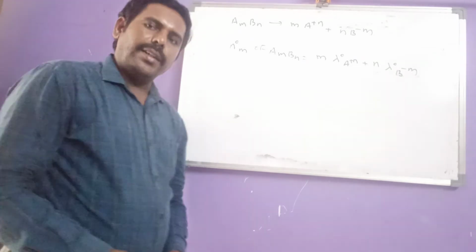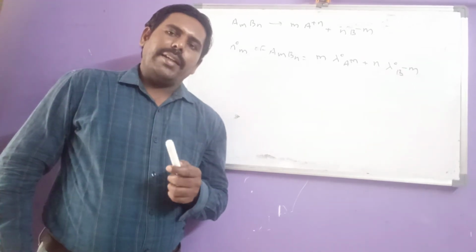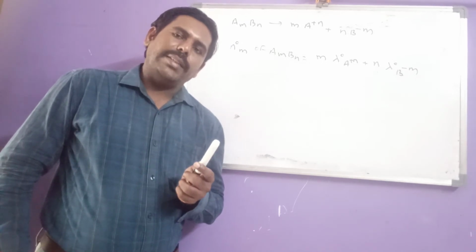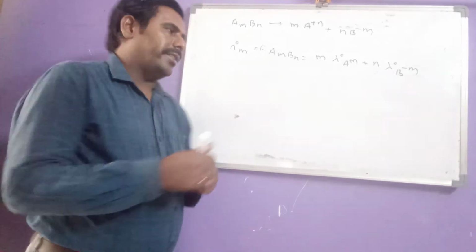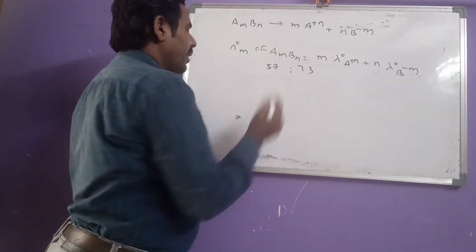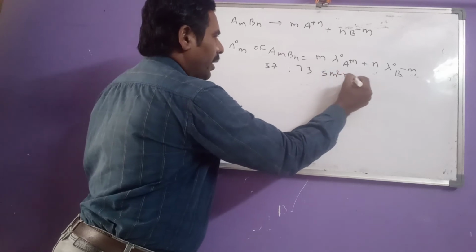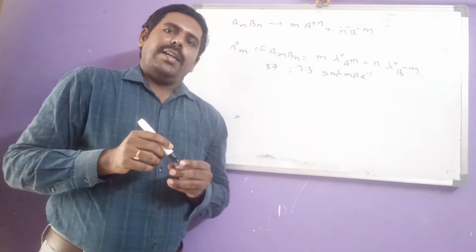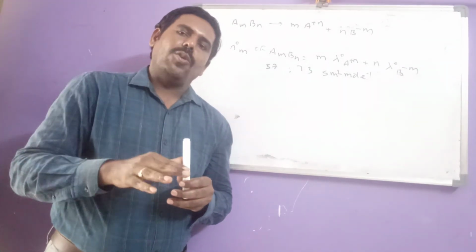I repeat the question again, listen here. Molar ionic conductivities of a bivalent electrolyte are 57 and 73. Now, units of course Siemens meter square mole inverse. Now, what is limiting molar conductivity of that electrolyte?